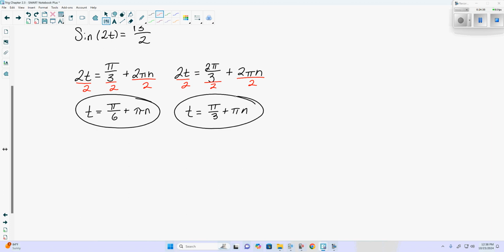And if we do our 2 pi over 3 divided by 2, we actually get pi over 3. And funny enough, we did get pi over 6.